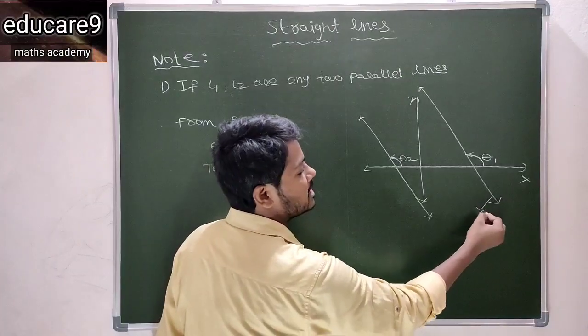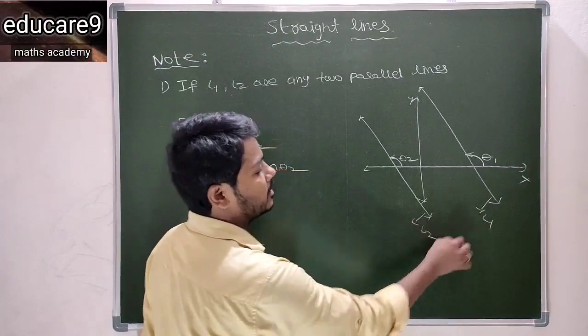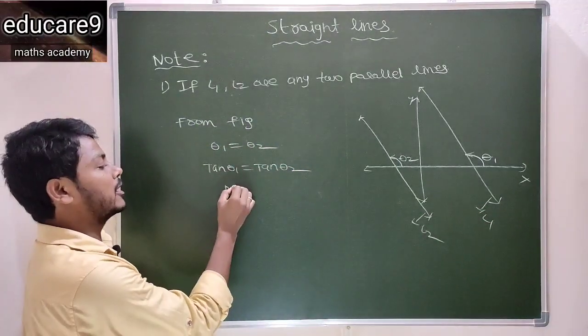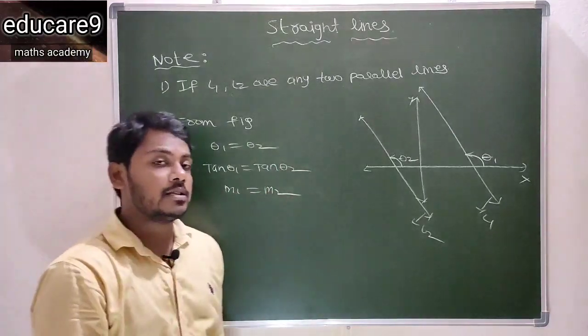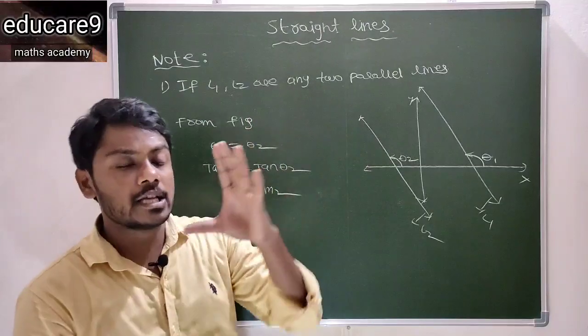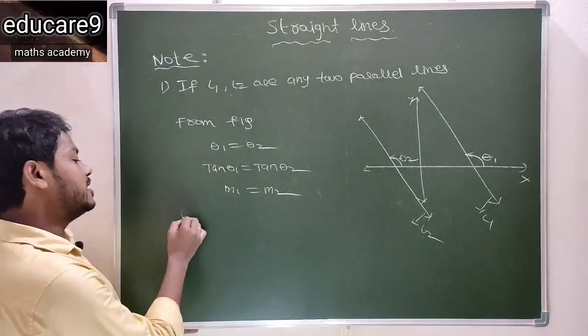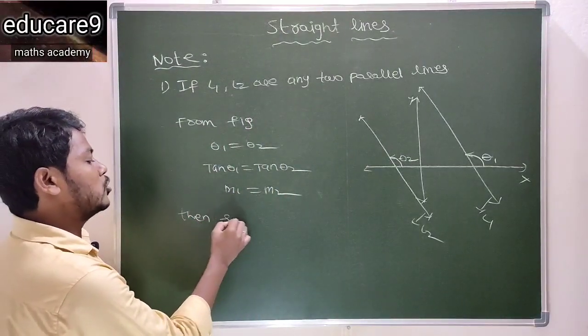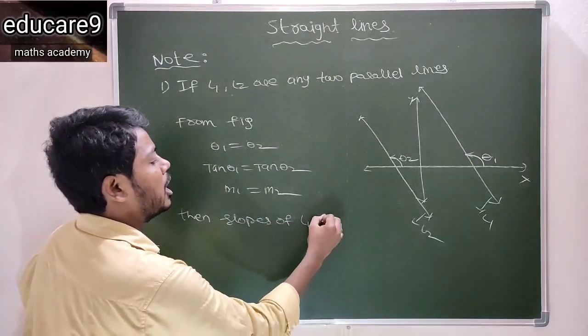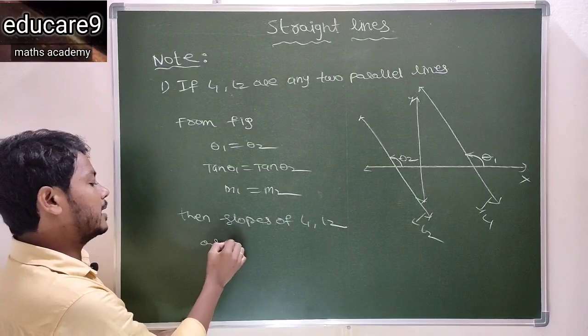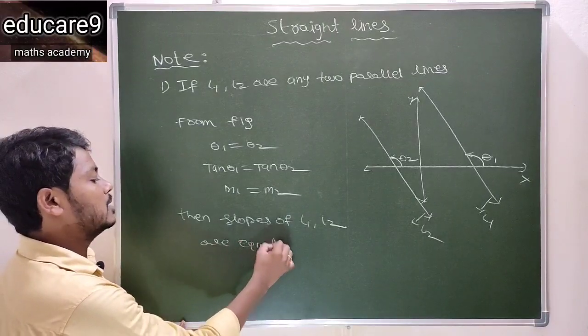Here this is the L1 line and this is the L2 line. Therefore m1 = m2. So from this we can say that if two lines are parallel, then the slopes of L1 and L2 are equal.